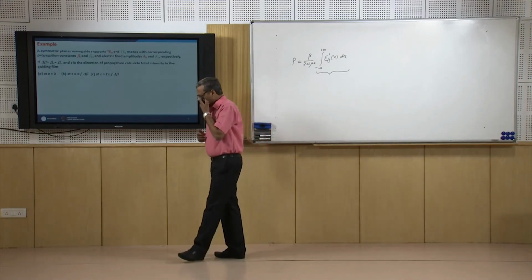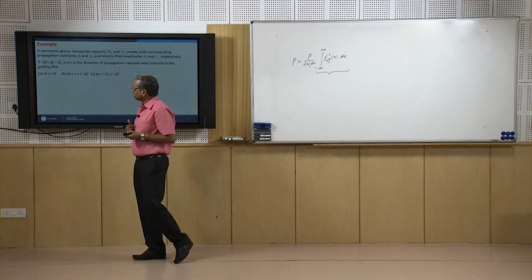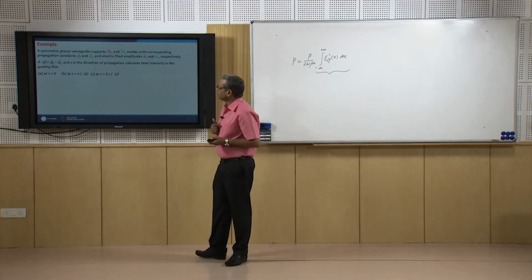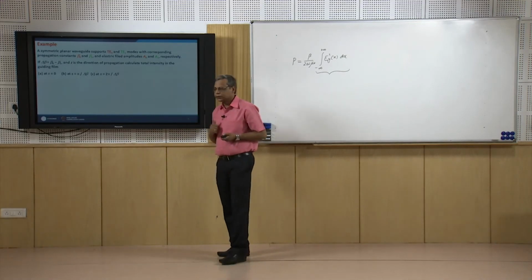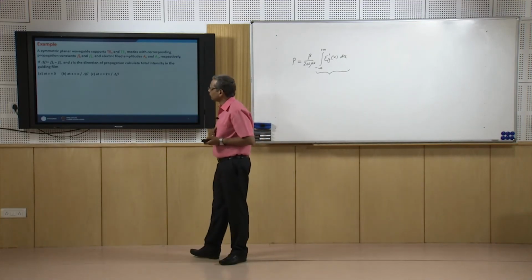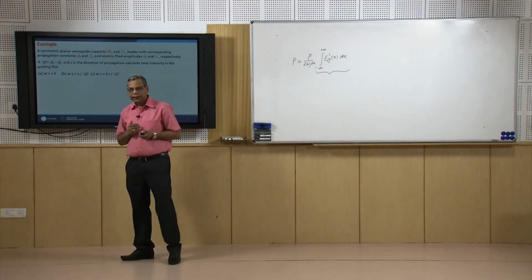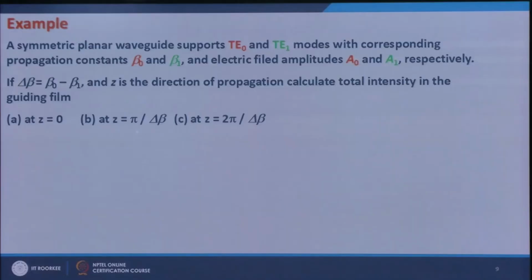Let me take another interesting example, again of a symmetric planar waveguide which supports two modes, TE0 and TE1. Their propagation constants are beta 0 and beta 1, and electric field amplitudes are A0 and A1.